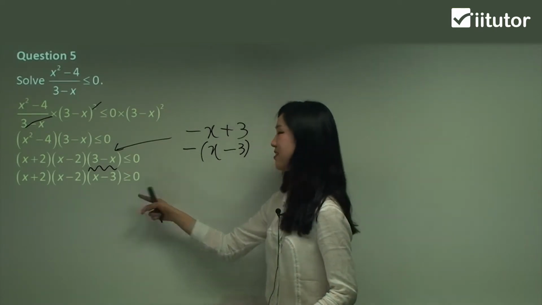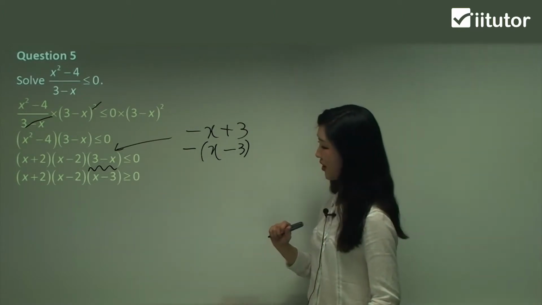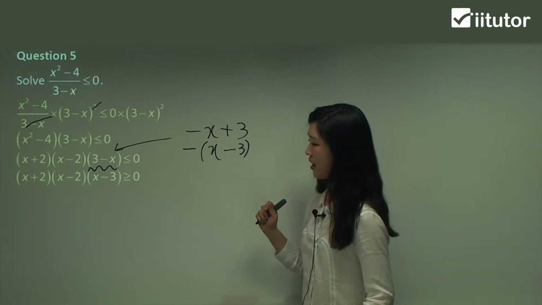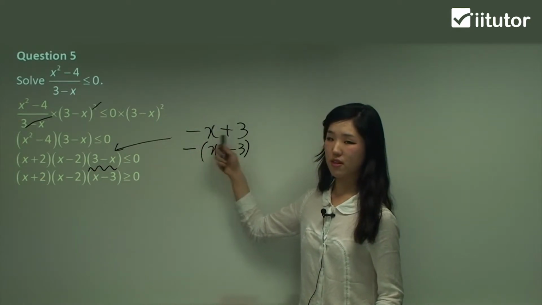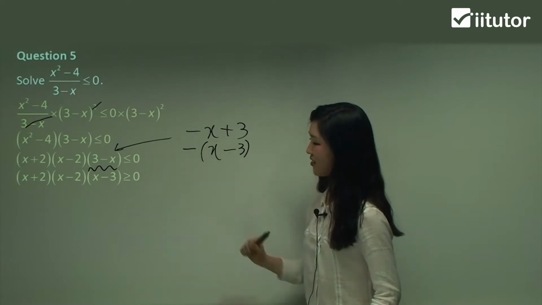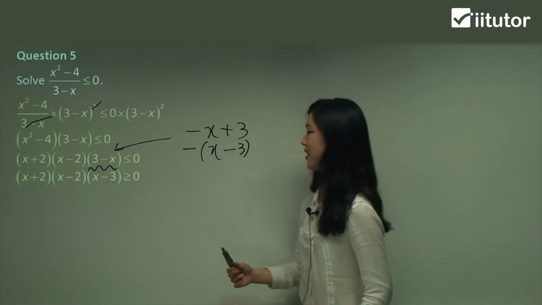And this side still remains 0 because 0 times anything is just 0. Hope you understand what I did there. I really don't like to have a negative in front of that because it makes it confusing. So make sure you switch the sign, and let's do our usual thing now.